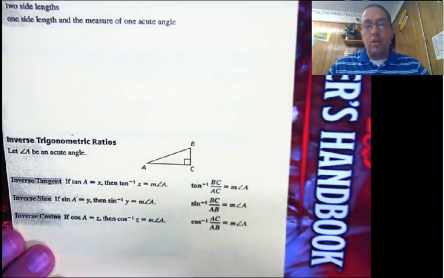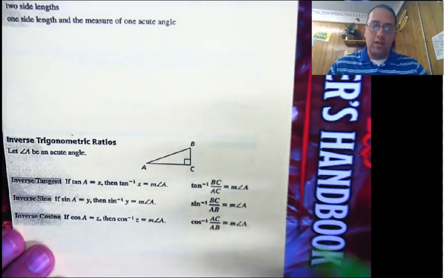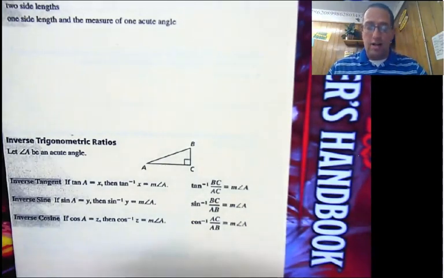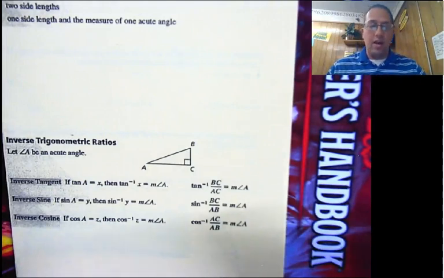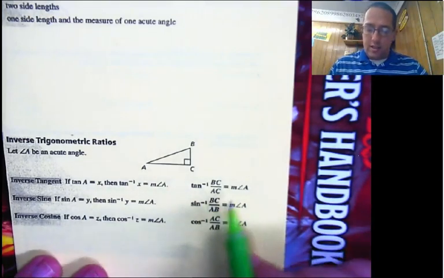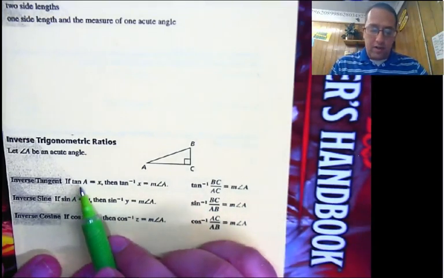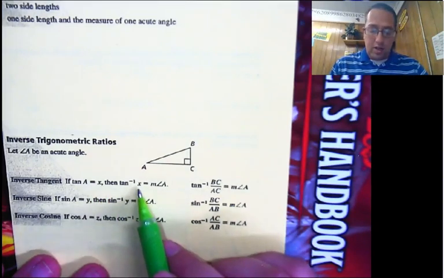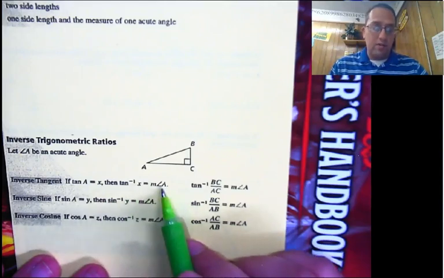You may also see them referred to as the arctangent, the arcsine, the arccosine. That's how it is on my phone. Same thing. So for example, if the tangent of A equals x, then the inverse tangent of x is the measure of angle A.